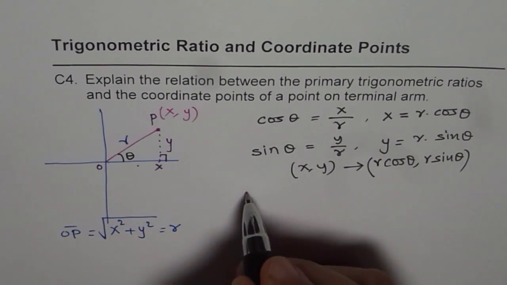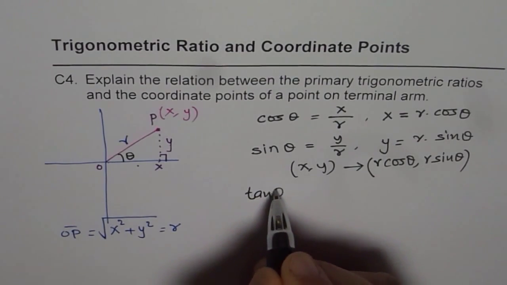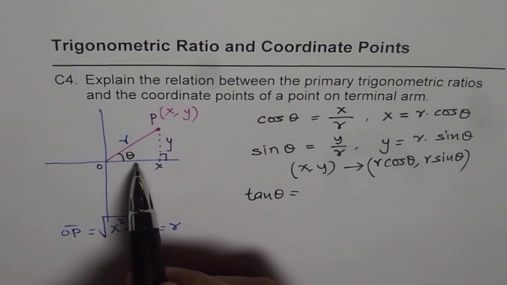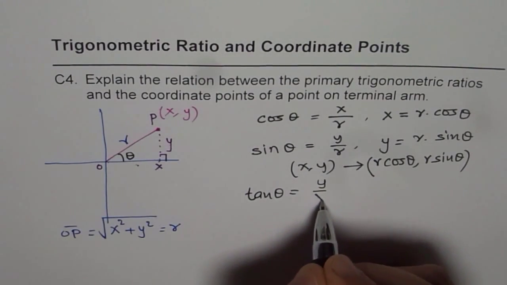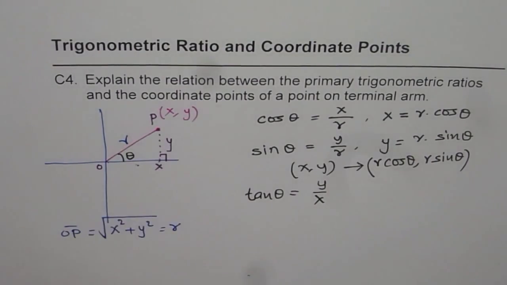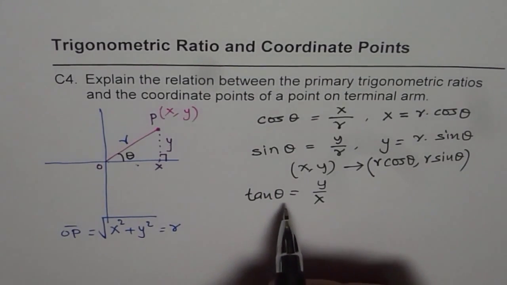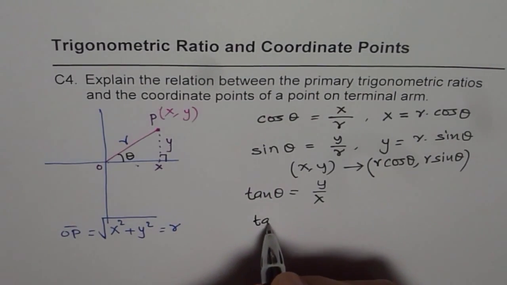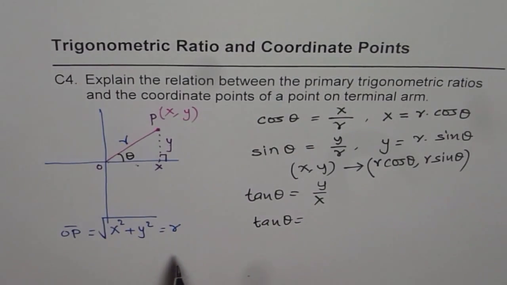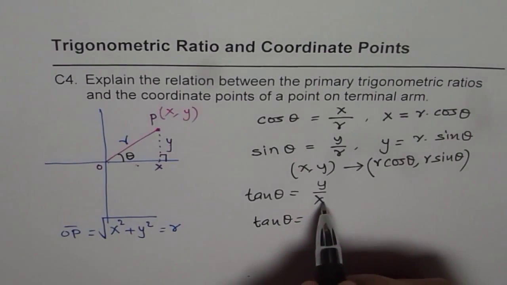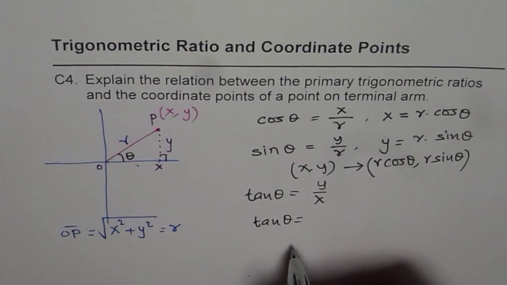Now let us see how tan theta is related. Now tan theta is opposite over adjacent, that means y over x. So the ratio y over x from the coordinate point gives us the value of tan theta. You'll also realize that tan theta is also equal to sine theta over cos theta. How? If I divide both by r, what do I get?